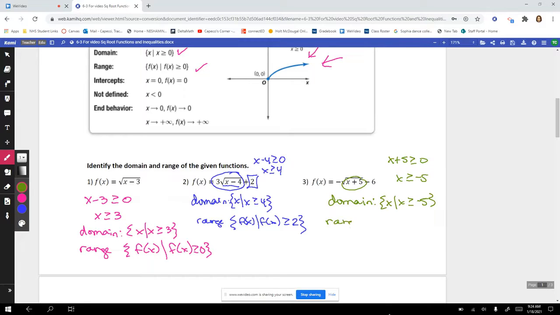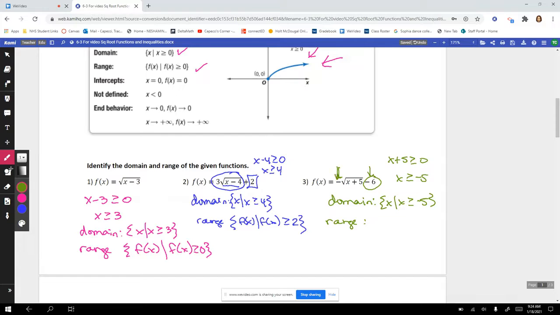Now my range is going to be a little bit different this time. I have this negative 6 outside, right? So that's going to be important here. And that negative there. If I were to graph this, and we'll see this in a little bit, I'm going to shift this down to negative 6.